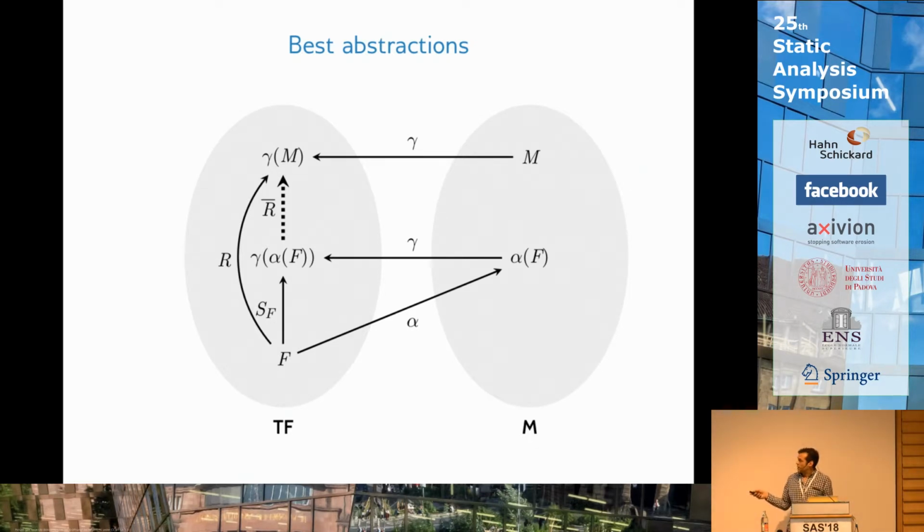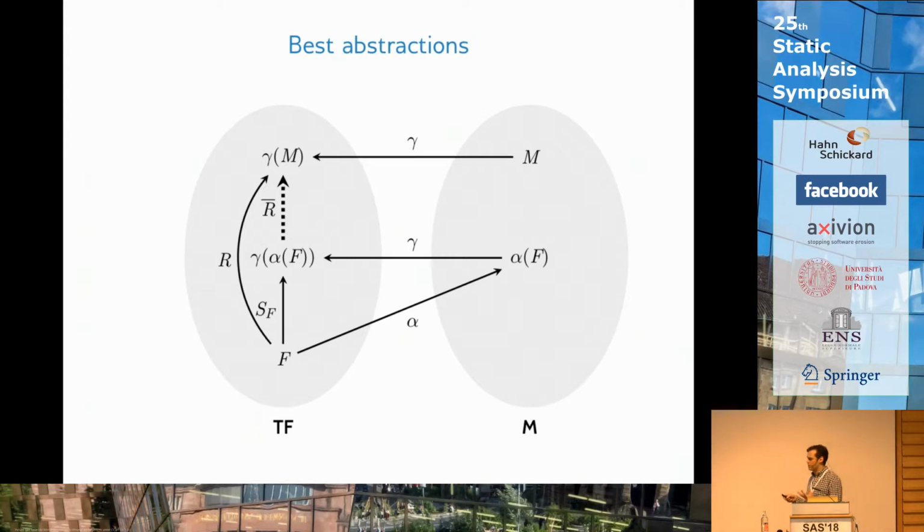The content of the fact that this diagram commutes says that the way in which gamma of M is an abstraction of F is sort of compatible with the way in which gamma of alpha of F is an abstraction of F. All right, so there's a similar diagram on the other side, but this is the diagram we really care about.